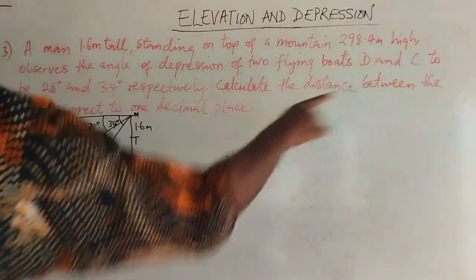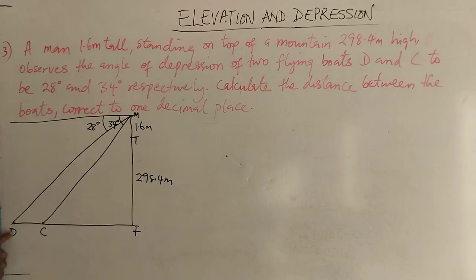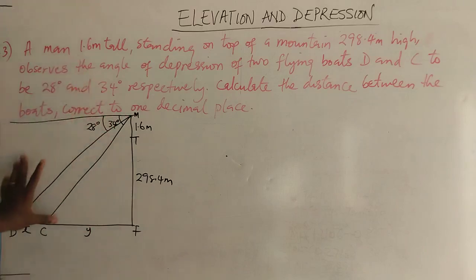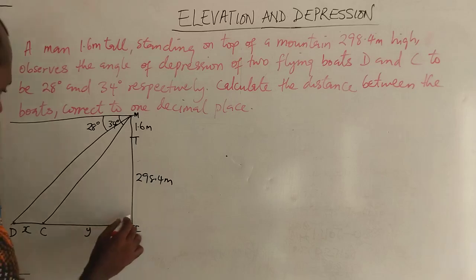And it says, calculate the distance between the boats. So these are the boats, D, C. Let's use X to represent the distance between the 2 of them. Meanwhile, the question did not give us the distance between C and the foot of the mountain, F. We can represent it with letter Y. Now, we have two triangles on the board.